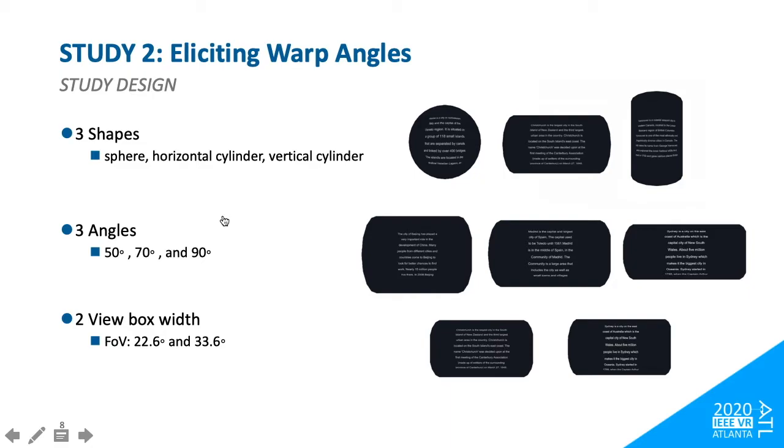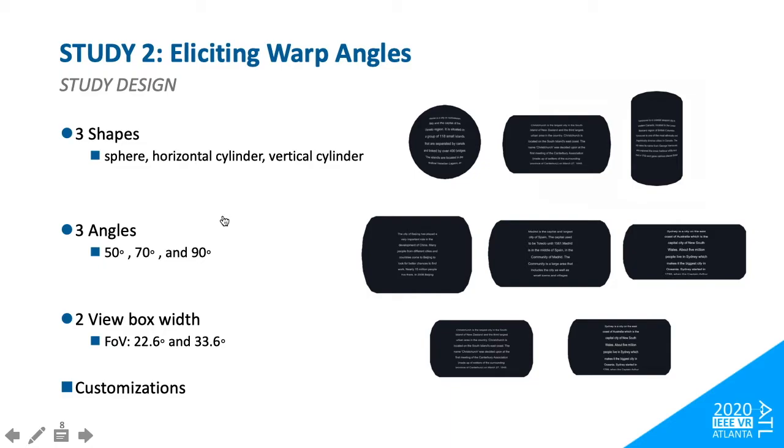In other words, you can think of it as the horizontal field of view. As the field of view is a very important factor in virtual reality, we want to know whether it would be an important factor that affects reading behavior as well. And the customizations for each shape, in which participants could select their preferred warp angle and width of the viewing box.